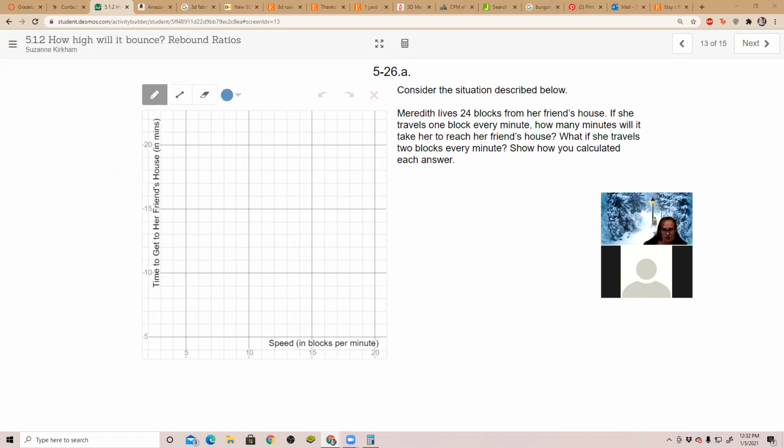Okay, so if Meredith travels that far, 24 blocks, and she goes 1 block every minute, the first thing we could do is go 24 blocks divided by 1, because 1 block every minute equals 24 minutes.